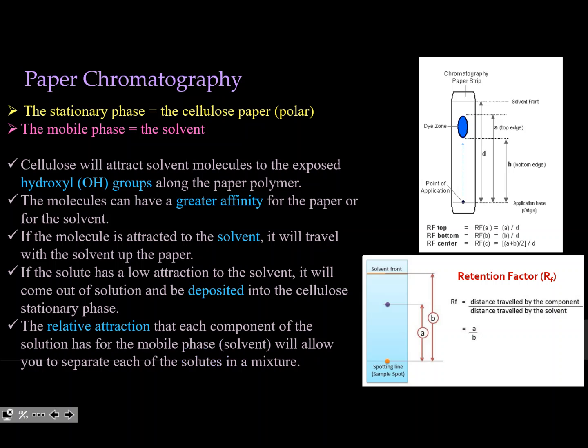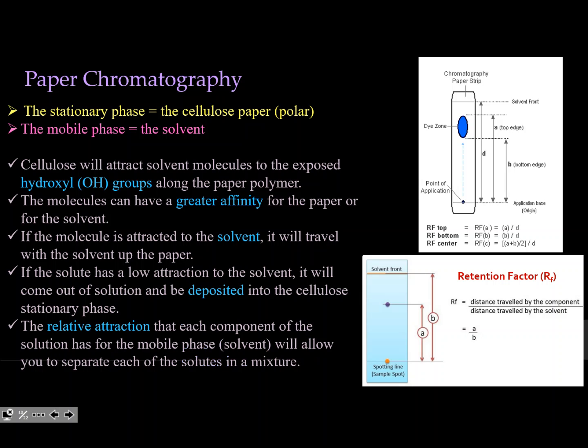The relative attraction that each component of the solution has for the mobile phase will allow you to separate the solutes in the mixture. So one that's more attracted travels farther, and one that's not as attracted won't travel as far.